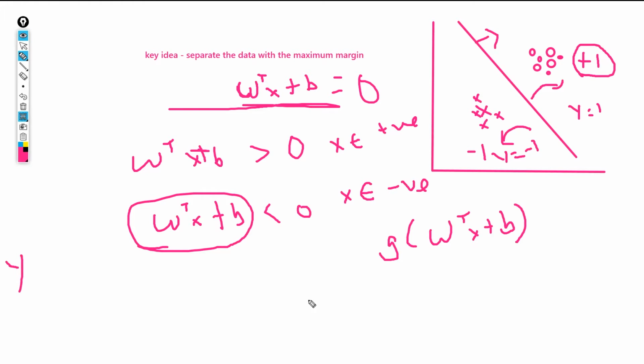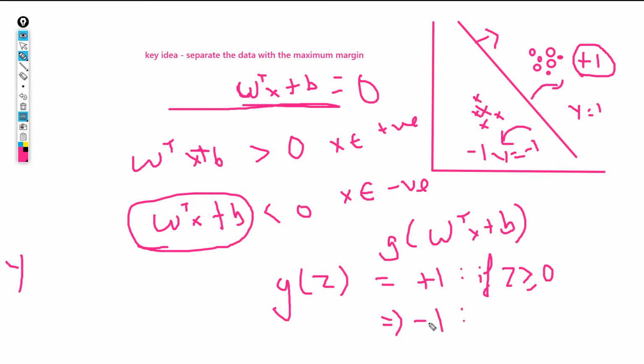So let's say g of z is going to be +1 if z is greater than or equal to 0, and g of z is going to be -1 if z is less than 0. So this is what we want to do.